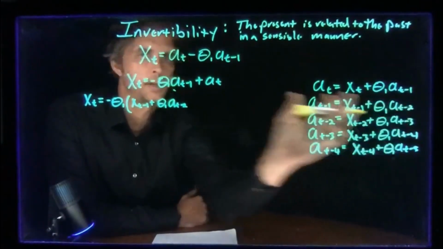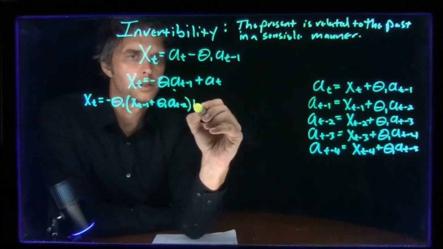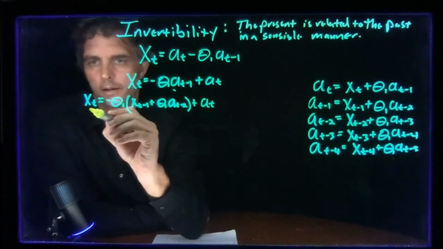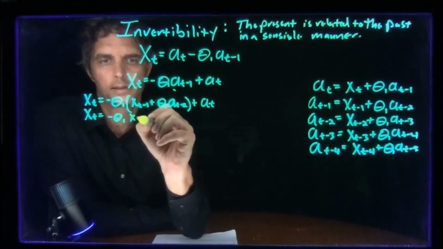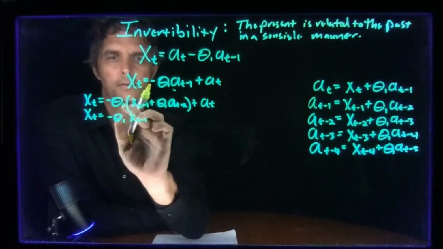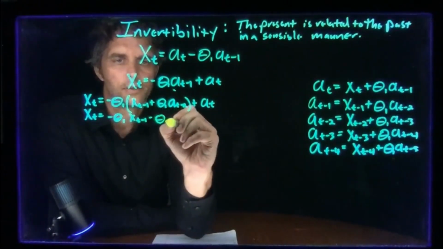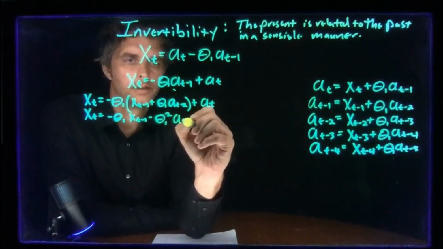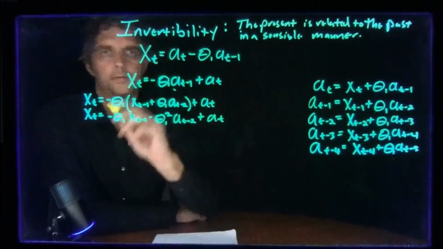Just that piece went in there, plus AT. And if we rewrite that, we'll have XT equals negative theta 1 XT minus 1. Negative theta 1, distribute that. That'll be a negative theta 1 squared times AT minus 2 plus AT. And we've played our game once.